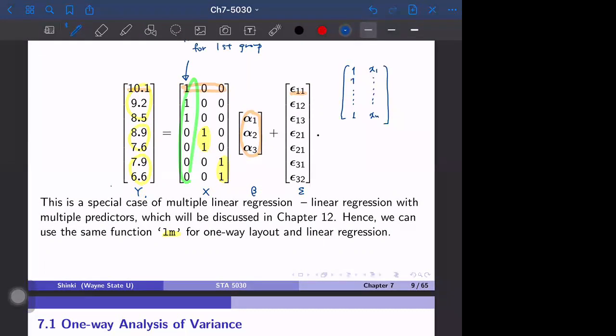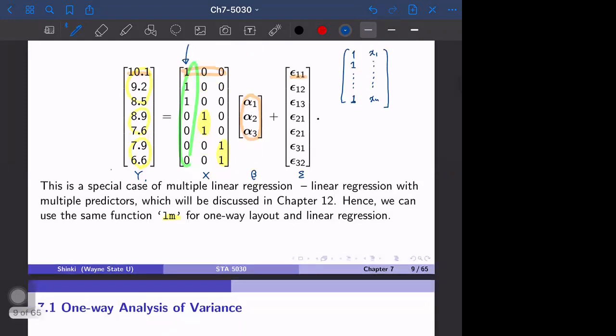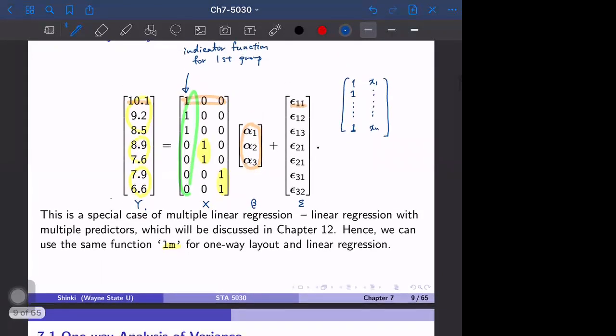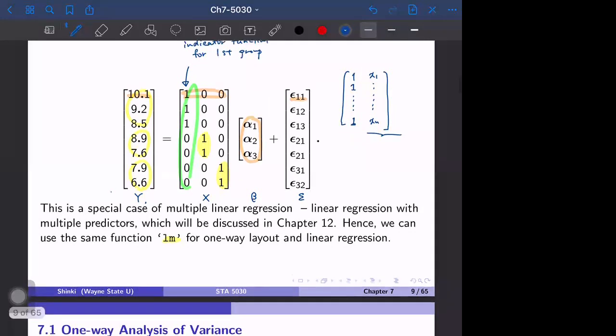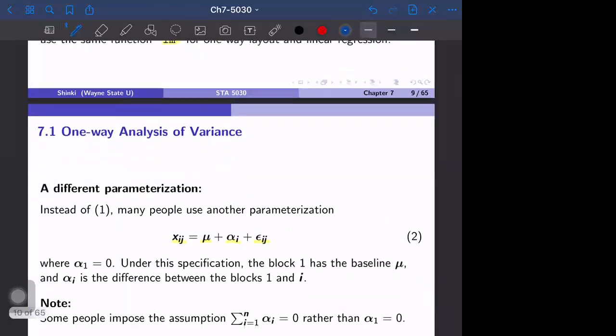So it's good if the first column for the one-way layout is also an intercept, then this is almost entirely the same as linear regression. Actually, multiple linear regression has multiple columns for x, since we have multiple predictors, x1, x2, x3. So it's good to have an intercept as the first column.